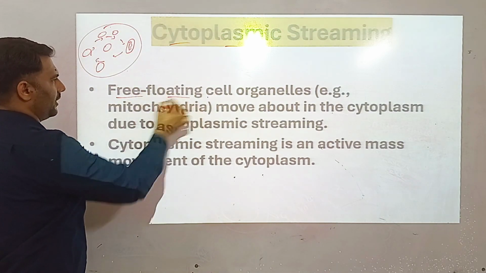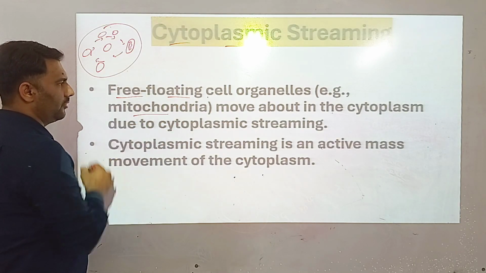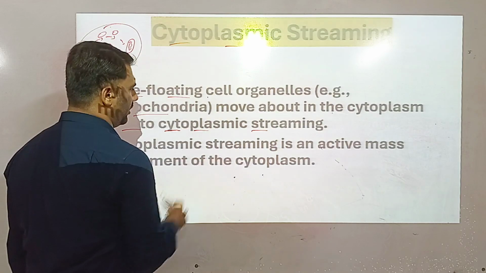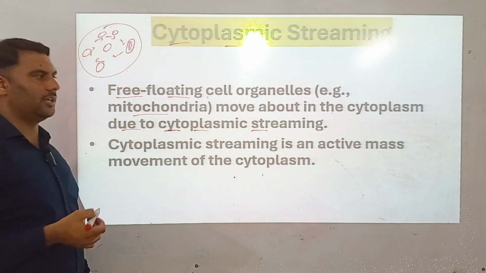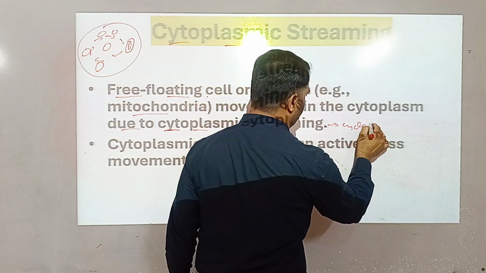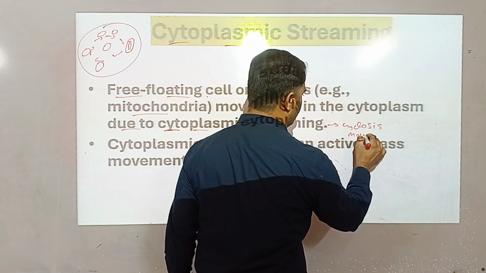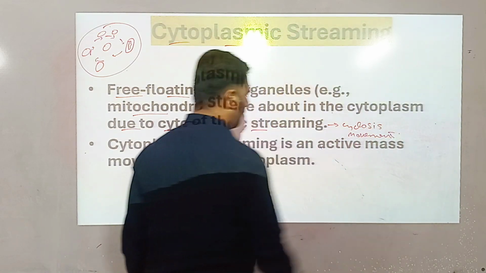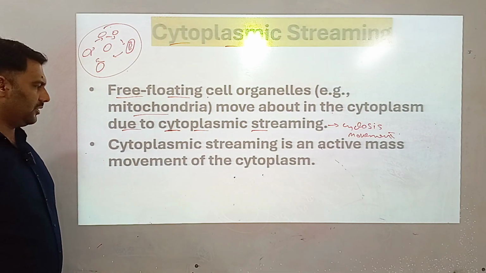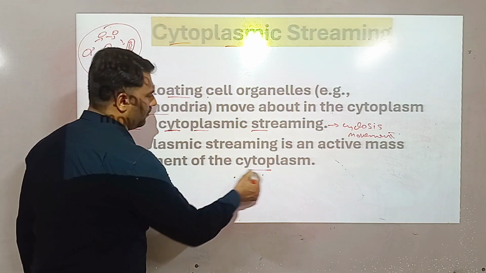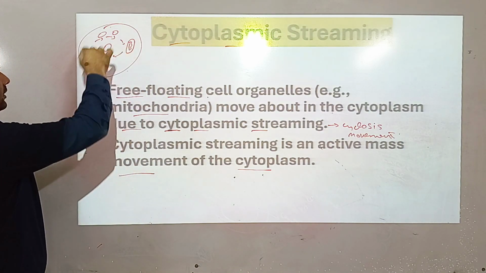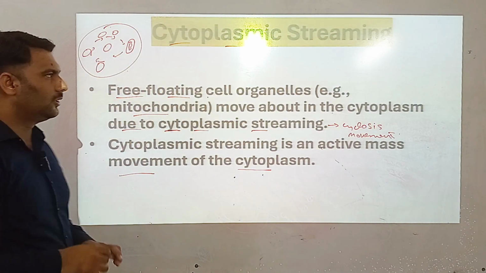These free floating cell organelles, for example mitochondria, move about the cytoplasm due to the cytoplasmic streaming movement. This streaming movement is also known as cyclosis. So the cytoplasmic streaming movement is an active mass movement in the cytoplasm, due to which the organelles are moved throughout the cytoplasm. So that was all about the cytoplasm.